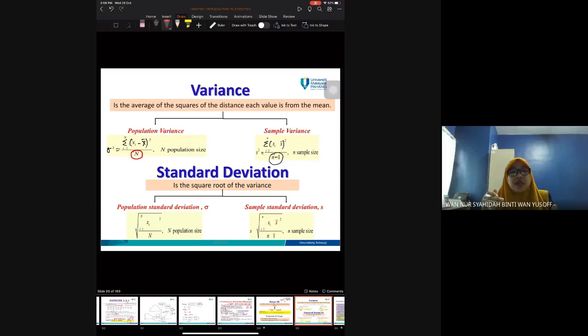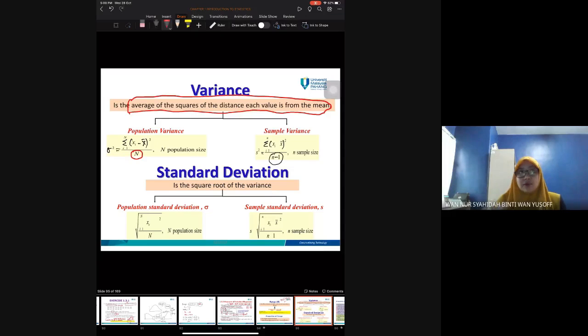Okay, but when we have a single data set, how do we interpret the variance? It is the average of the square of the distance each value is from the mean. That's how we interpret the variance when we have a single data set, not a single data value.